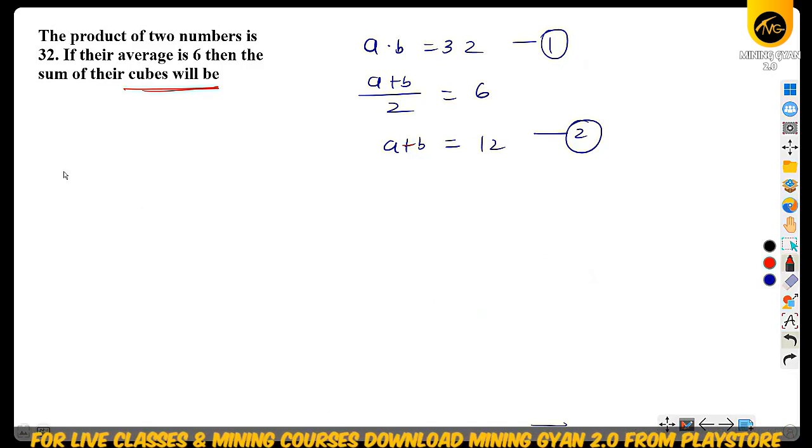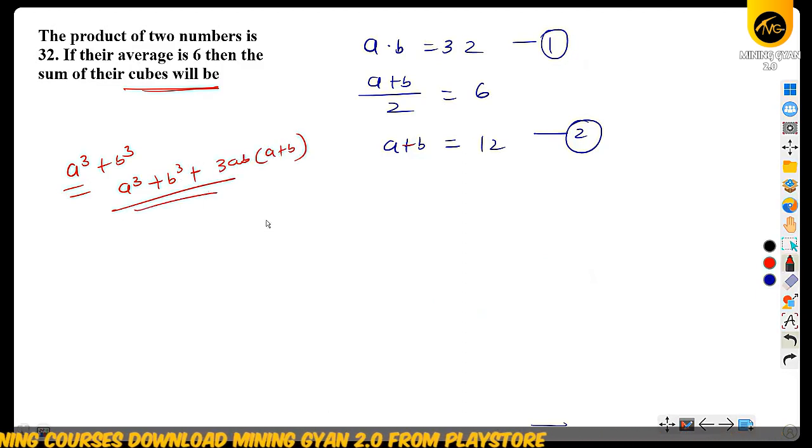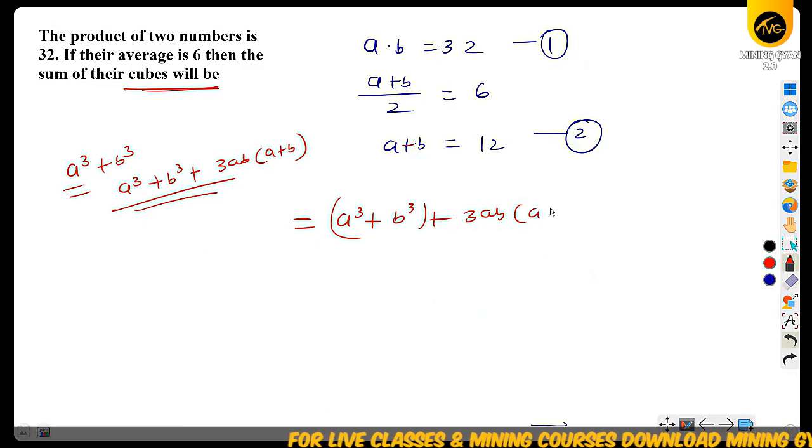That means we have to use the cube formula: A plus B whole cube is equal to A cube plus B cube plus 3AB into A plus B. This is the formula.